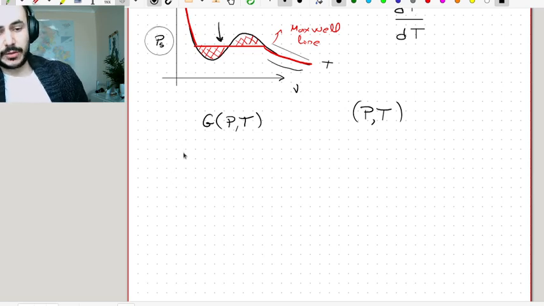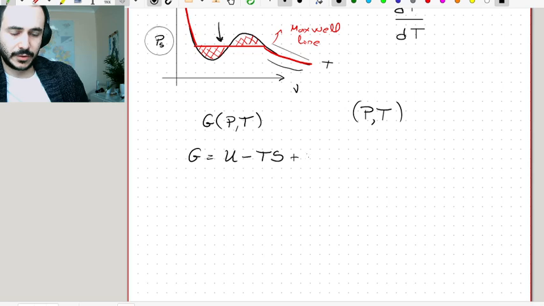Let me just write the definition of it, to remind you that this is the full Legendre transform of the internal energy. What I'm going to assume is that the Gibbs potential of the total system, which is the liquid plus the gas, is additive.